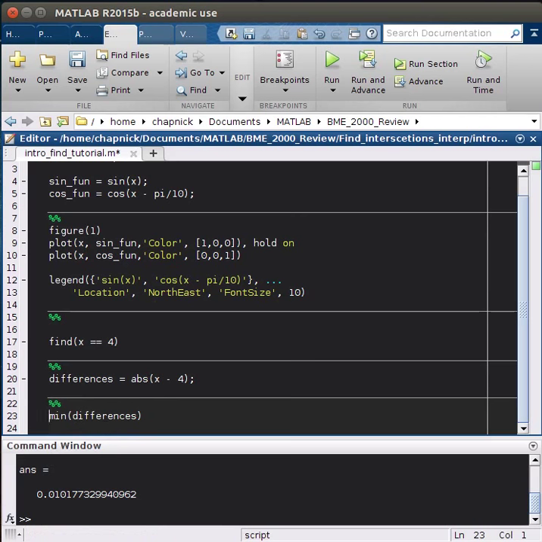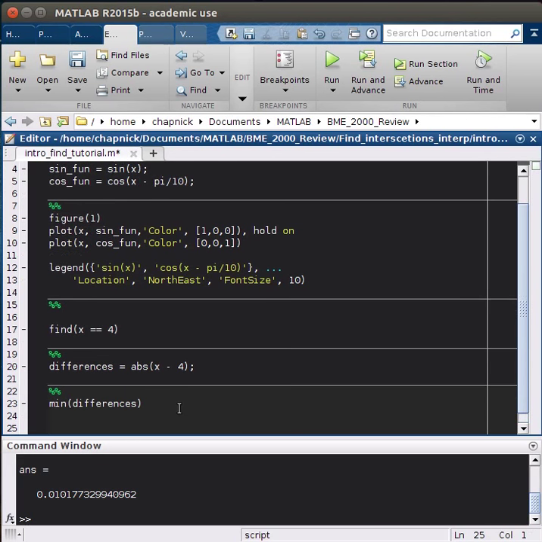Okay, so next let's find when x is actually equal to 4, or when x is closest to 4. The way that we're going to do that is by specifying, so min difference is actually a value that's in this difference vector. We want to find the position at which this minimum difference occurs.